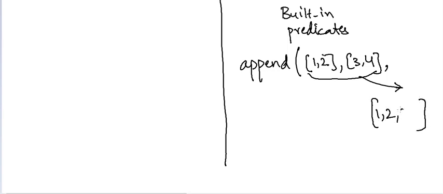It does not add them up, it appends them. It takes these two as the first element and these two as the second element and gives us this as the final array.